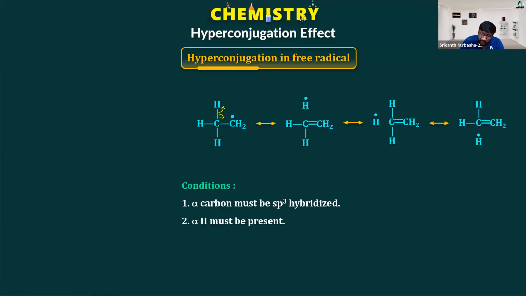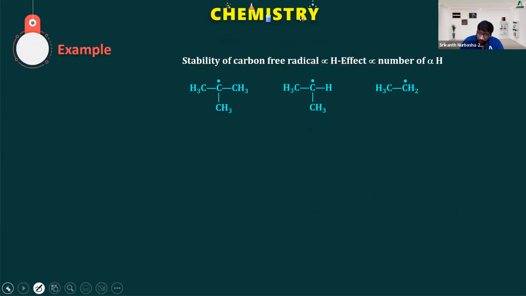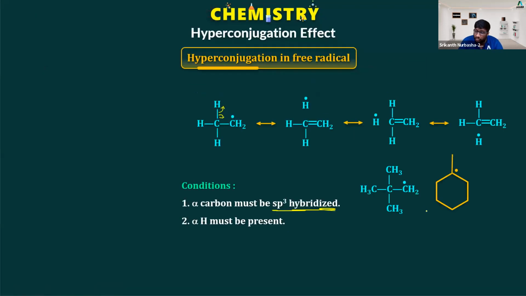With all the 3 alpha hydrogens, we have the same scenario. So the condition is again the same: the alpha carbon must be sp3 hybridized and alpha hydrogen must be present. Try to compare here. Order of stability: among these two, which is more stable? In the first free radical, how many alpha hydrogens are there?